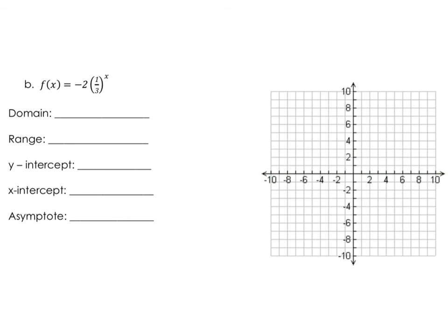All right, next one, we want to graph in our calculator. Y equals, we have a negative 2 with a 1/3 to the x power. And then you're going to go to your table, and it looks like we can plot (0, -2), (-1, -6).